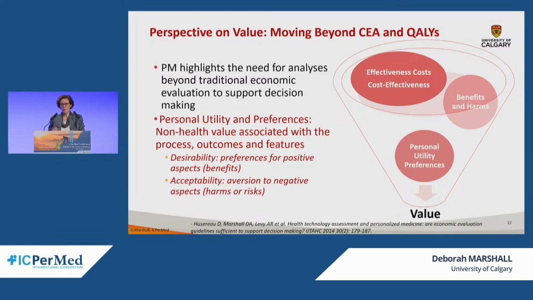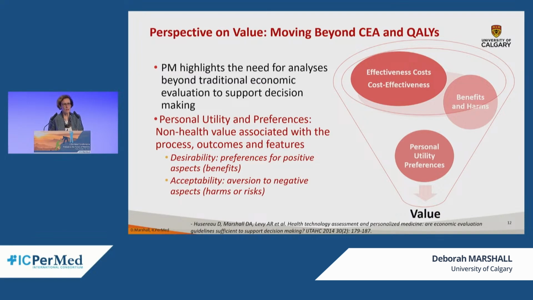And so when I use the word preferences, I'm not using it in a lay kind of language way. I'm using this in the context of very specific methods where we look at trade-offs and people make choices, and it's utility-based. In fact, based on Nobel Prize work on utility theory by Daniel Kahneman many years ago.